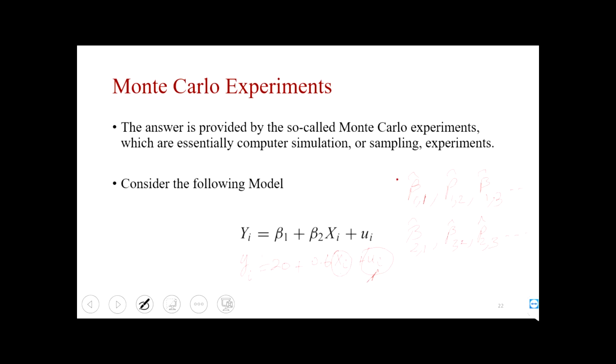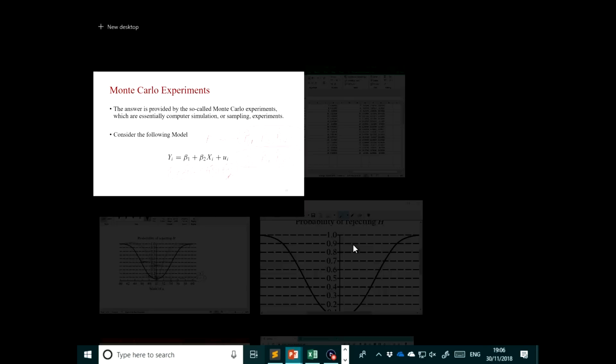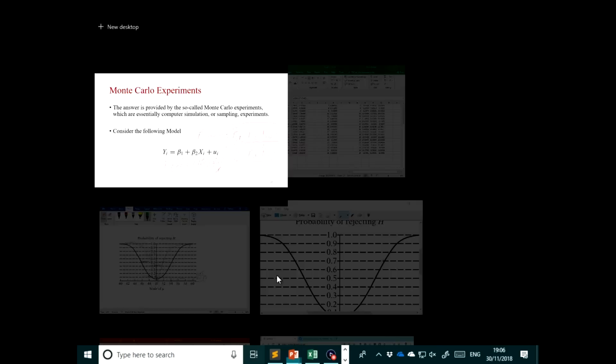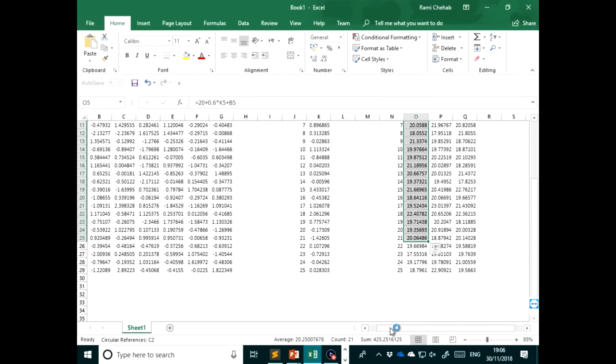And basically what you want to do is, the mean of this should converge to what? Should go to beta 1, which is the original beta 1, which in our case is equal to 20. So if you take the mean across all the experiments of the beta 1 hats, you will find out that this is equal to beta 1, or at least it approaches it, depending on the experiments, and of course depending on the sample size. When I say sample size, I mean this kind of 25 observations.